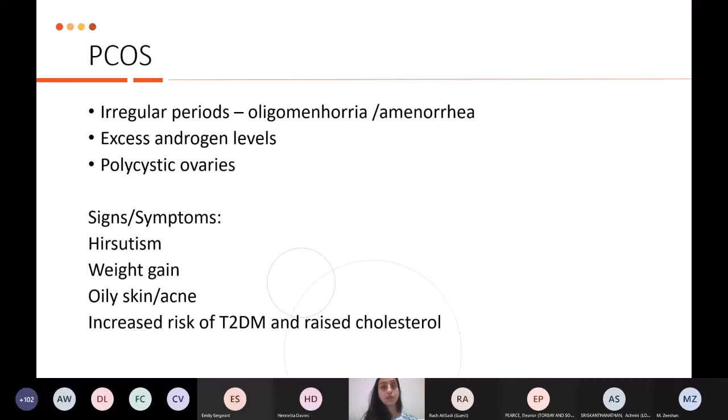If they were worried about acne or hirsutism, you could give them an anti-androgenic contraceptive pill, so something like Dianette, which has, I can never pronounce this, cyproterone acetate, which can help reduce those androgen levels.